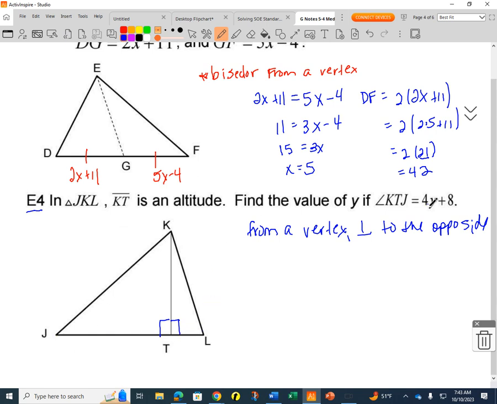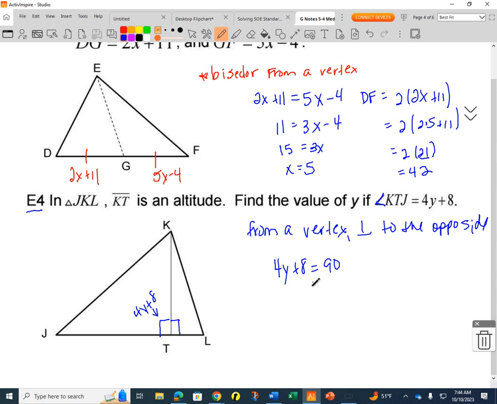So if we know that angle KTJ, remember this is an angle, not a side, KTJ, that's this angle here, which now we know is 90 degrees. So 4y plus 8 is the same as 90 degrees. We're going to set them equal to one another. 4y plus 8 equals 90.